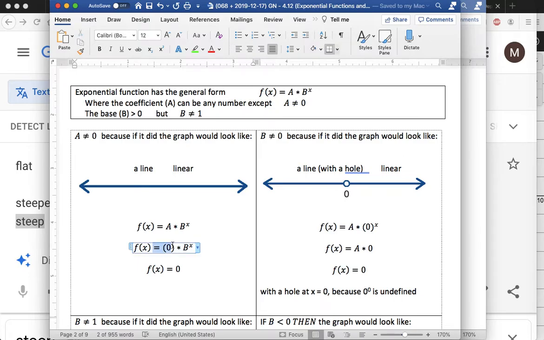Well, you know 0 multiplied by anything is 0. So then the equation just becomes f of x equals 0. Remember, f of x is like a y, so y equals 0 is just a horizontal line. Y equal to a number is just a horizontal line.